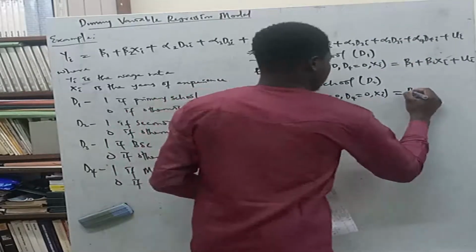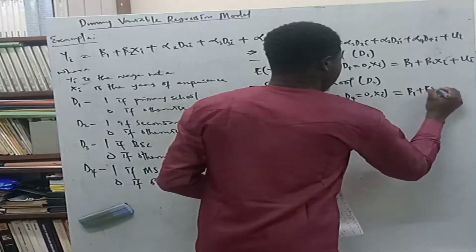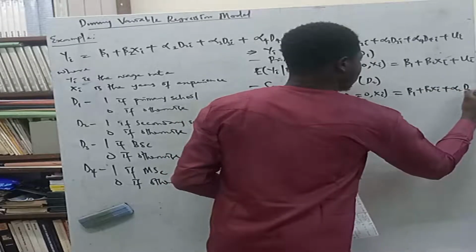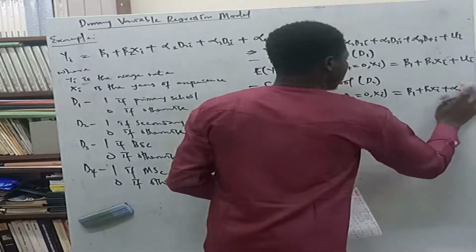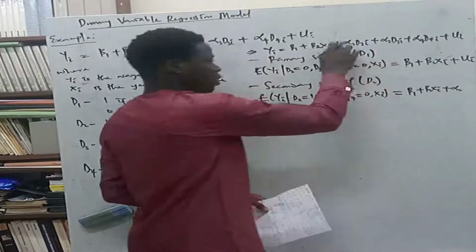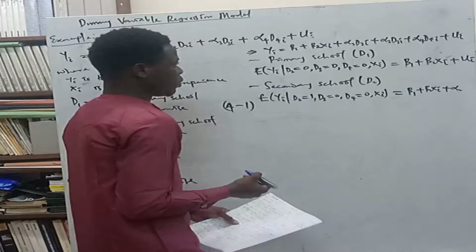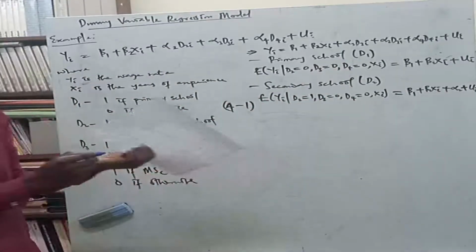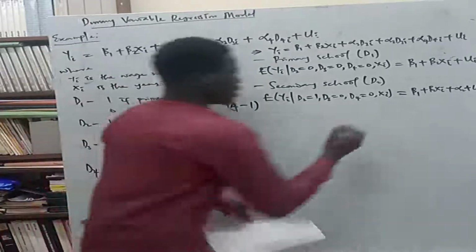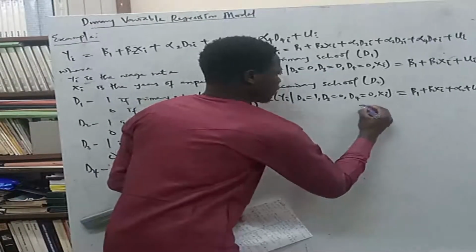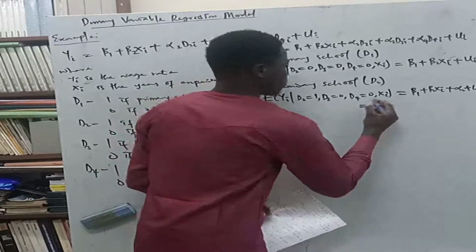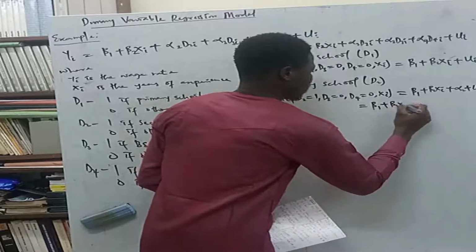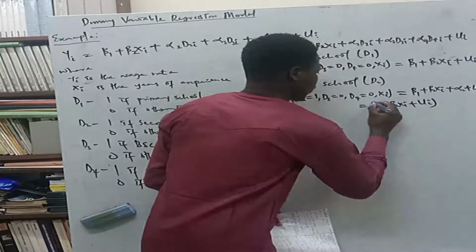So we have beta 1 plus beta 2 xi plus alpha 2 D2. Now this is 1, so 1 times this is still there, plus alpha 2 plus ui. So now you notice something here, that the annual wage rate of those with primary school is beta 1 plus beta 2 xi plus ui, right?